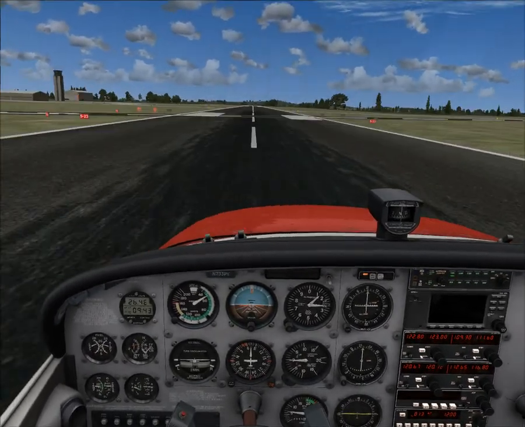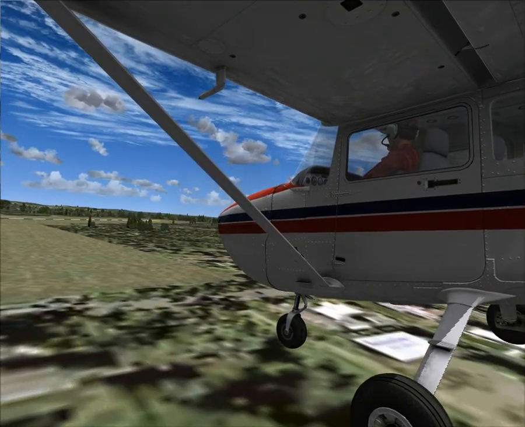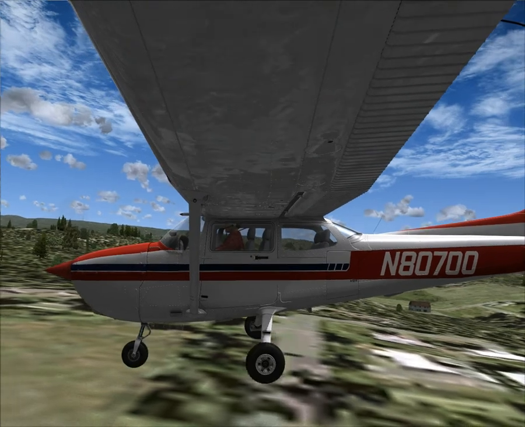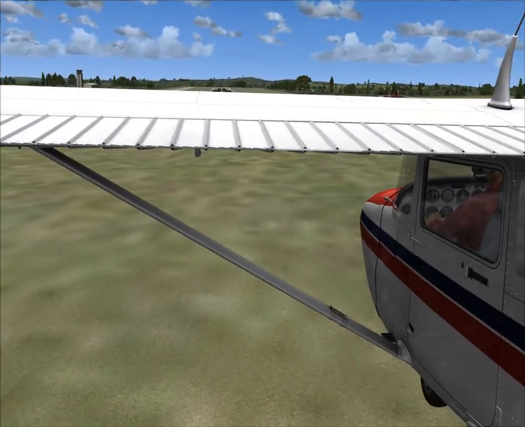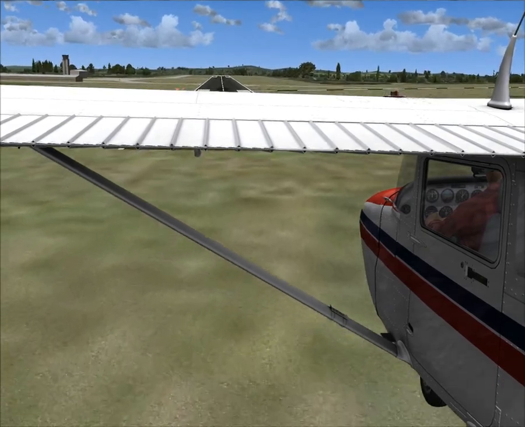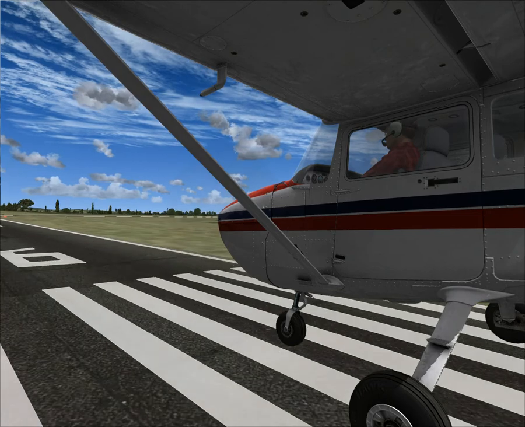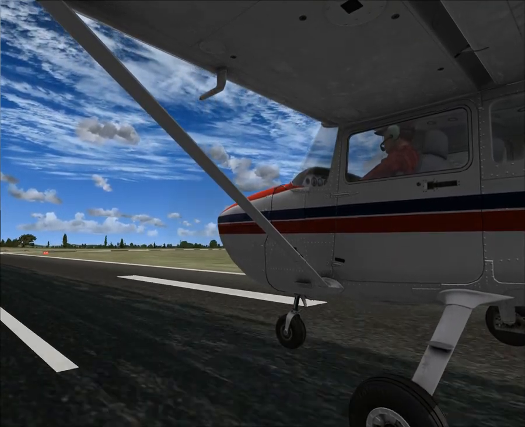Okay, so we'll see it one more time from the outside just for cinematic effect. And I got some cool views set up here with Easy Dock. So we'll play it from this angle. And one thing I just want you to pay attention to is that you do want the mains to touch down before the front tire.